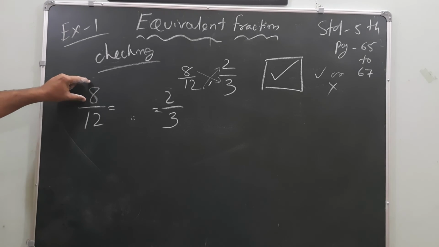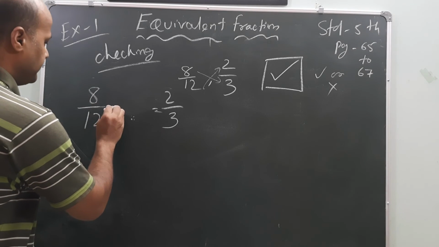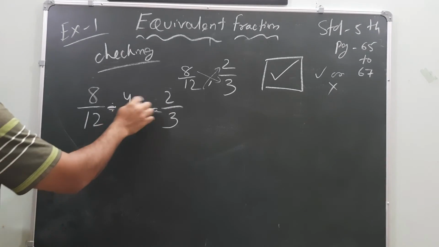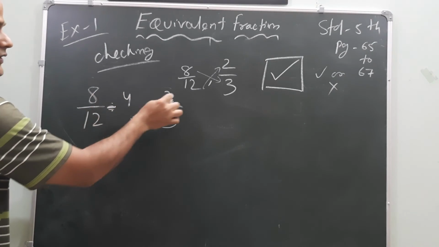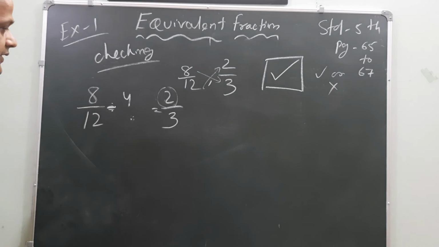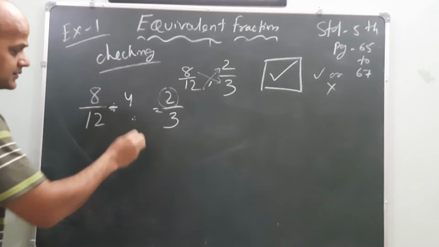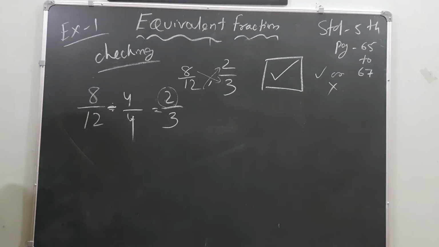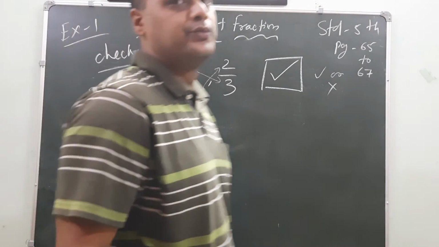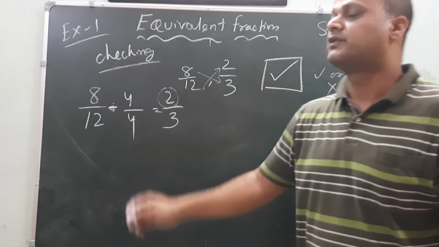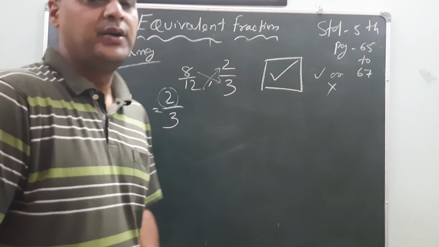If I divide by 4, then 2 will come, or not? 8 divided by 4 is equal to 2. Yes or no? Now the same 4 divided into 12, 3 is coming. Yes. So it is called the divisibility process. Two processes we are using: one is cross multiplication and the second one is division, by the checking process.